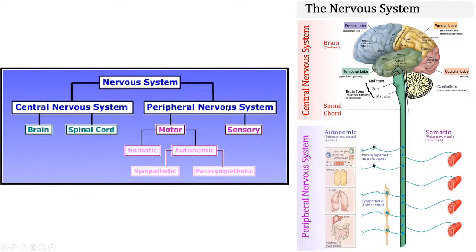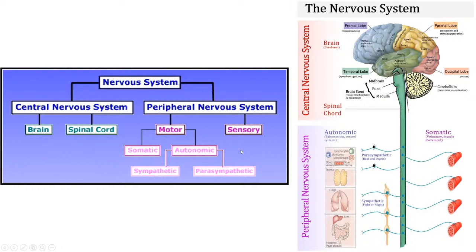The peripheral nervous system is going to cover the spinal nerves and cranial nerves. Now, spinal nerves and cranial nerves can both be either motor or sensory. In fact, most nerves, if I'm being technical here, are called mixed nerves, meaning they carry both motor and sensory fibers. But the individual fibers will be either motor or sensory.